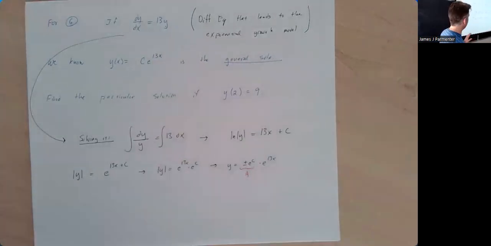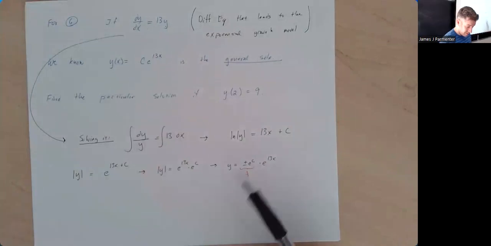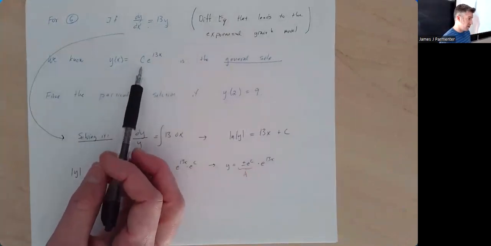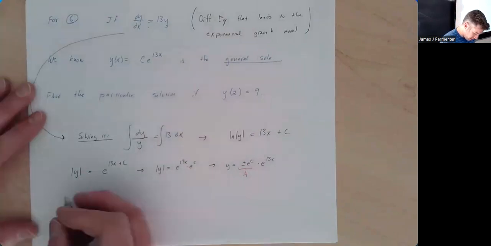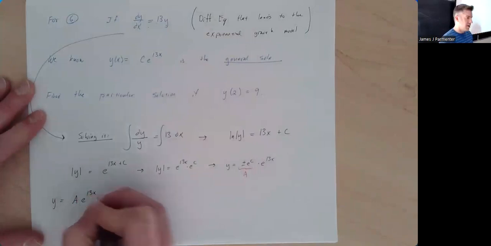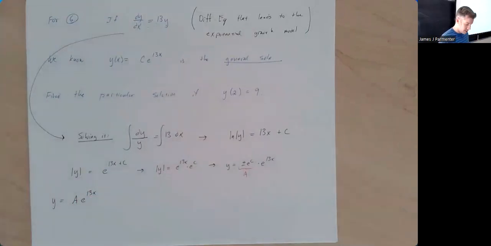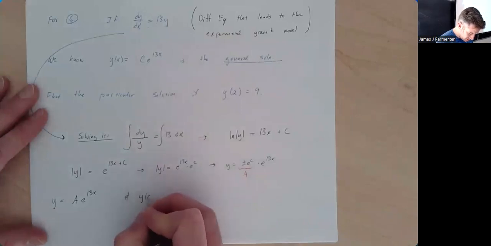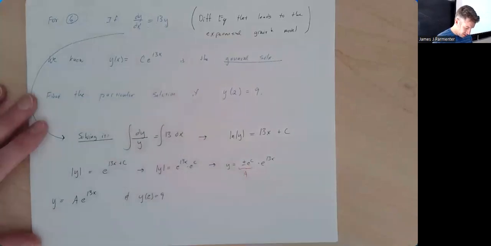I should point out, I'm doing more work than I need to here, right? If you're doing this sort of homework question, you shouldn't do all this work because they've already given you the general solution. They're just really asking you to figure out what c is for the particular solution. So if I know that y equals a times e to the 13x, or you can call it c, it doesn't matter what you call it, and I know that y of 2 equals 9, well, let's find a.